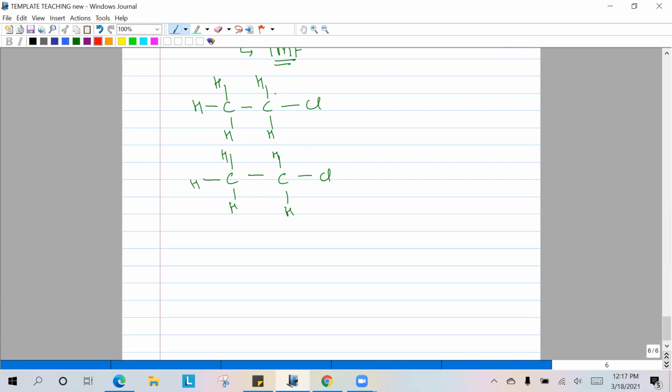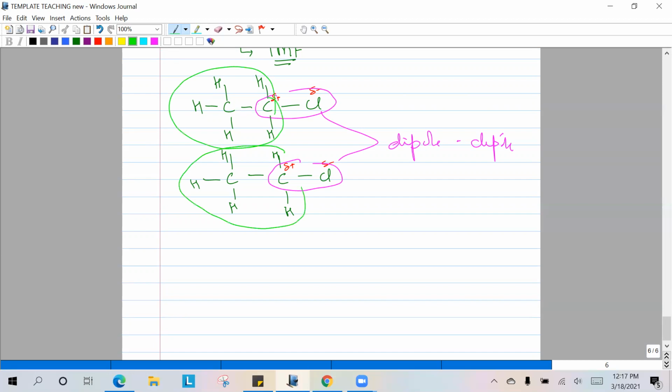If you observe over here, this is partial positive, negative, positive, negative. So this part and this part will have a dipole-dipole interaction, while this whole part and this whole part, being non-polar, will have London forces of attraction between them.